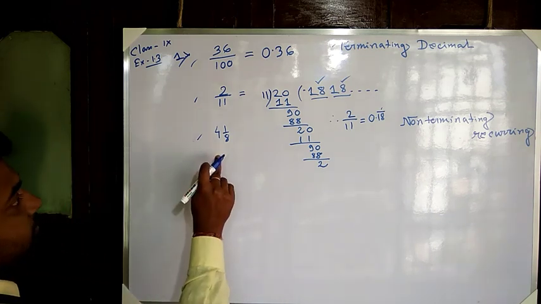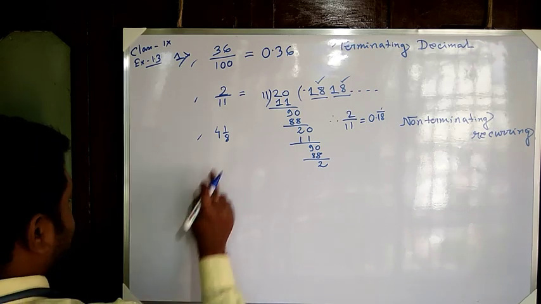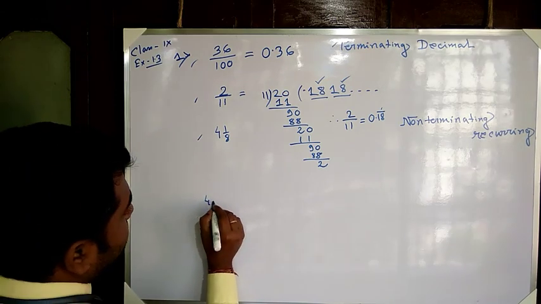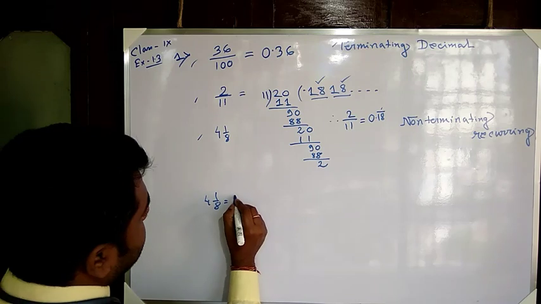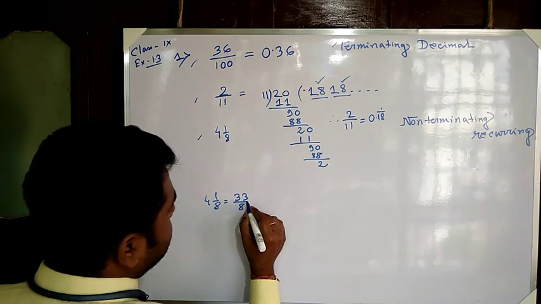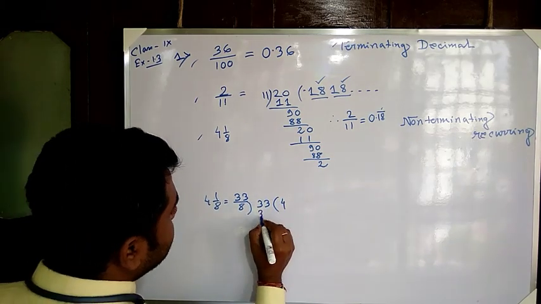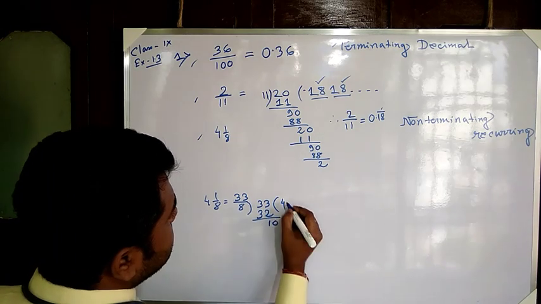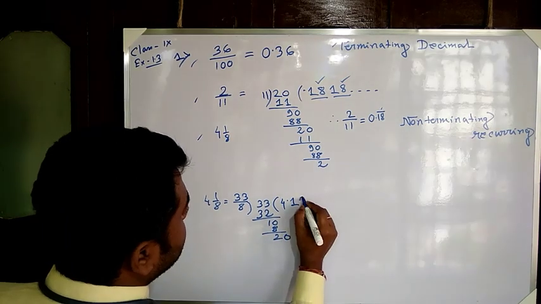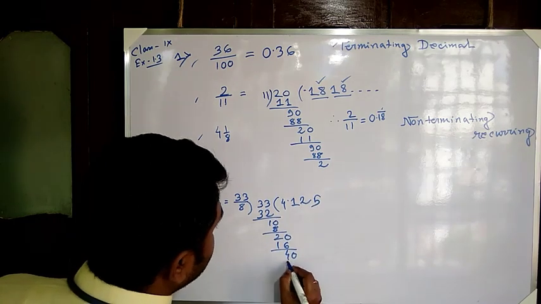Now see, 4 whole 1 by 8. You can write 4 whole 1 by 8 equals 33 by 8. If you divide 33 by 8, you will see it will be 32, 1, 0, 8 ones are 8, 2, 0, 8 twos are 16, 4, 0, 8 fives are 40.